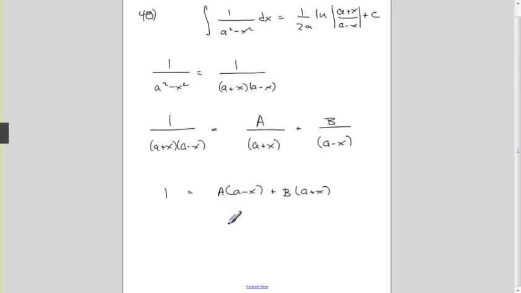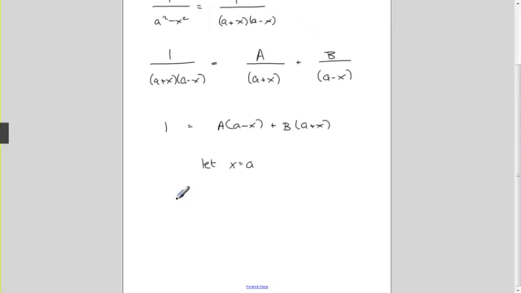This is a constant. So let x equal a. What does that do for us? Well, we'll get 1 on the left-hand side.